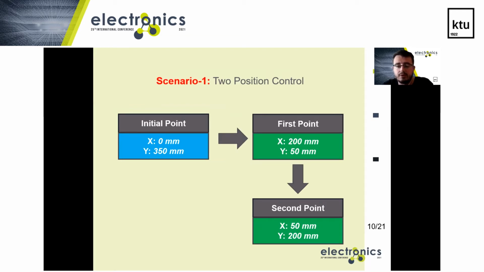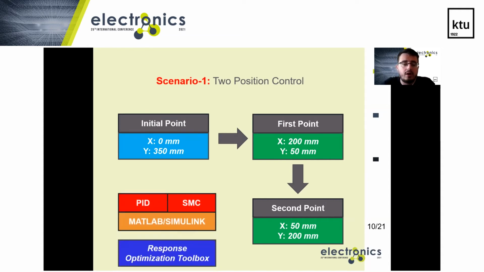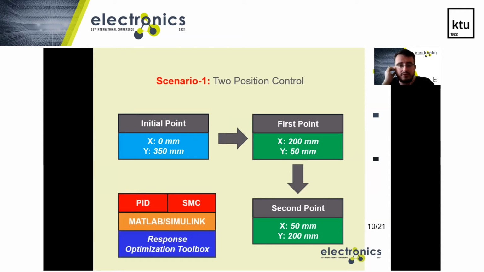We want the robot to go to the first point and then the second point. The first point is 250 in X and Y direction, and the second point is 50 in X and 200 in Y direction. These are the first scenario.